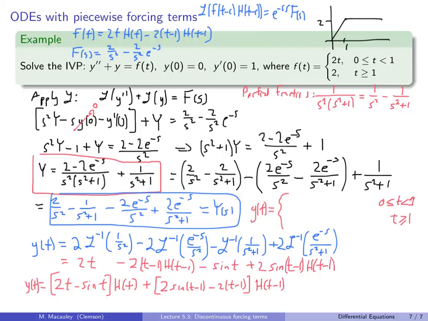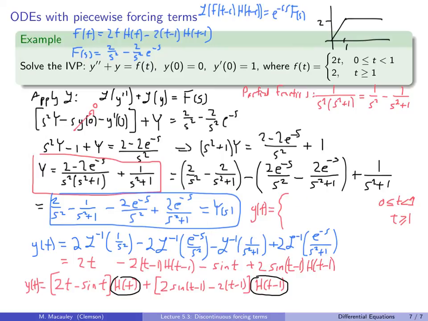Now, here's the key. I'm circling the two Heaviside functions. These things are just numbers. And they're not just any number. They're very simple numbers. They're either 1 or 0. This thing here is going to be 1 in both of these regions, from 0 to 1 and greater than 1. And this thing here is going to be 0 in this region and 1 down here.